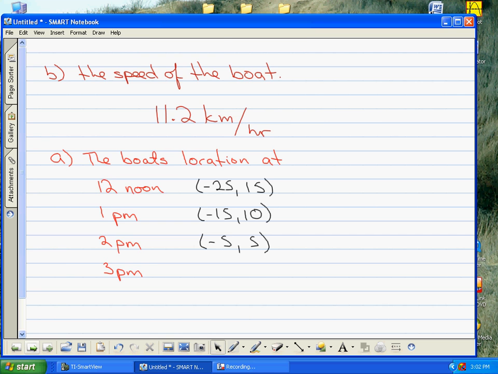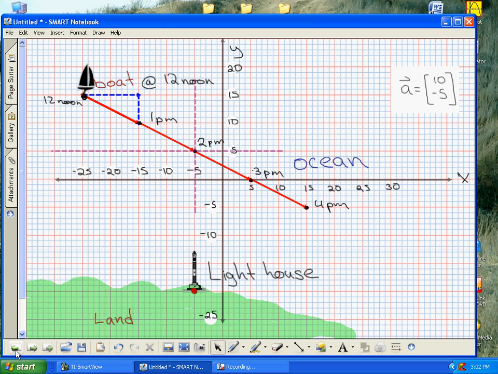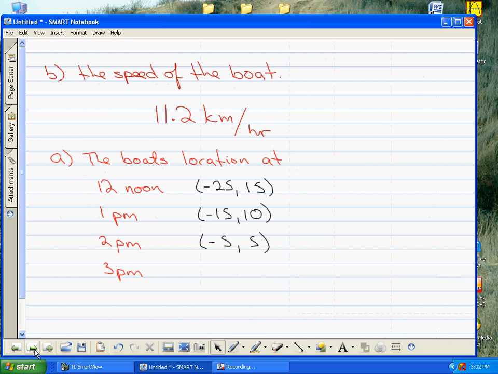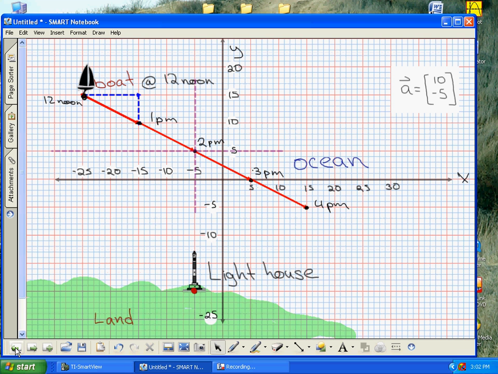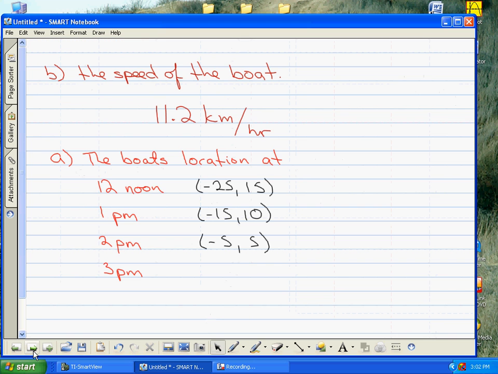And at 3 p.m., here is our point at 3 p.m. So let's move on over here and here. We are at 5, 0. So our coordinate is 5, 0.